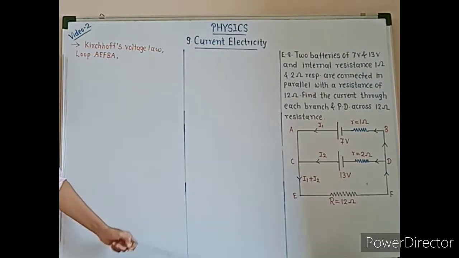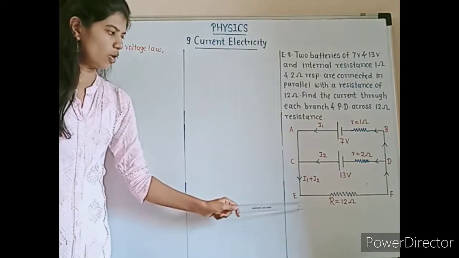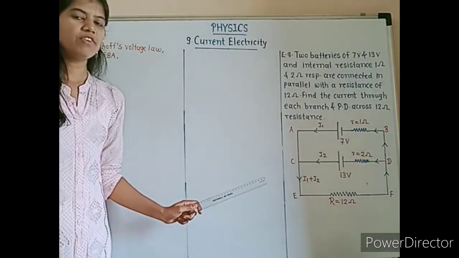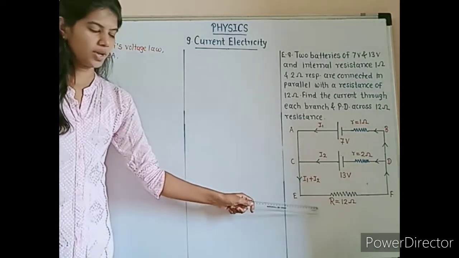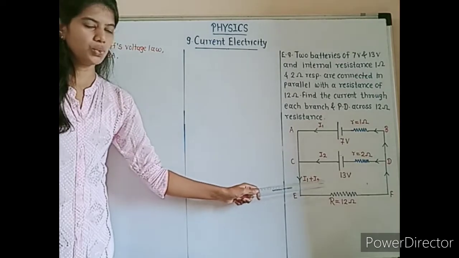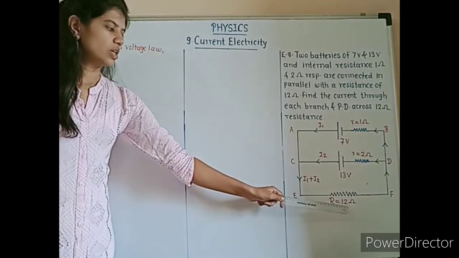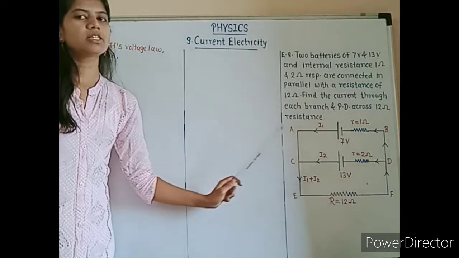Now we are tracing the loop from A to E. Here no resistance is connected. From E to F, we get V is equal to I into R. Now the current flowing through the resistance is I1 plus I2 and resistance R is equal to 12 ohm. So we get V is equal to 12 into (I1 plus I2).